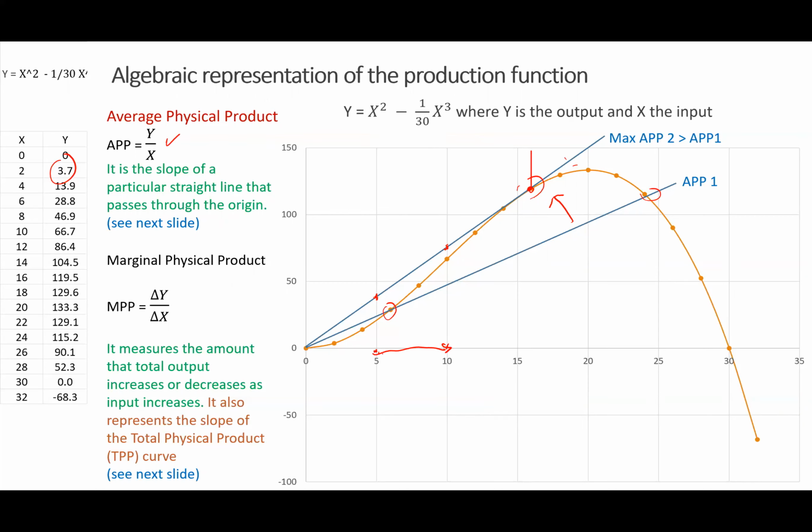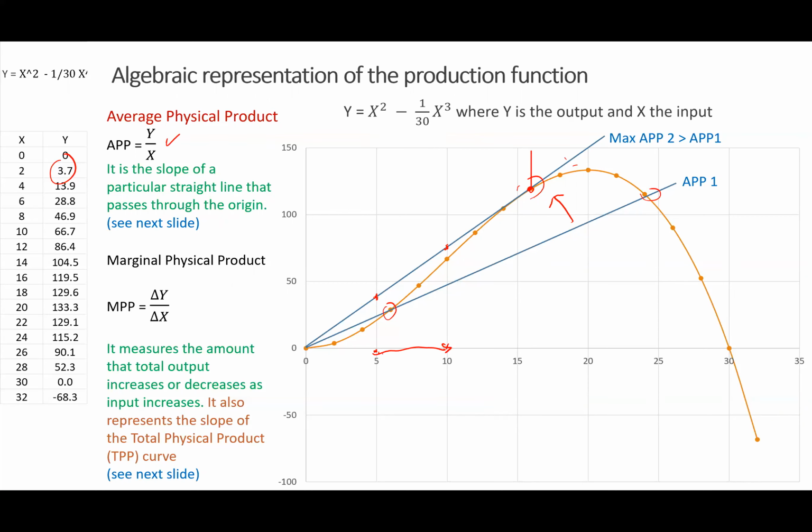And so, to a point where marginal physical product increases at an increasing rate and starts increasing at a decreasing rate, we have the end of the first stage. Okay, so the first stage starts at the inflection point, when marginal physical product is at the maximum.